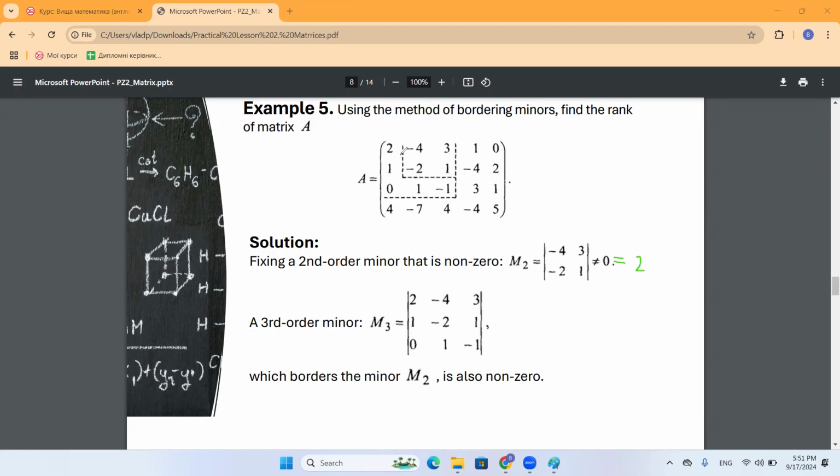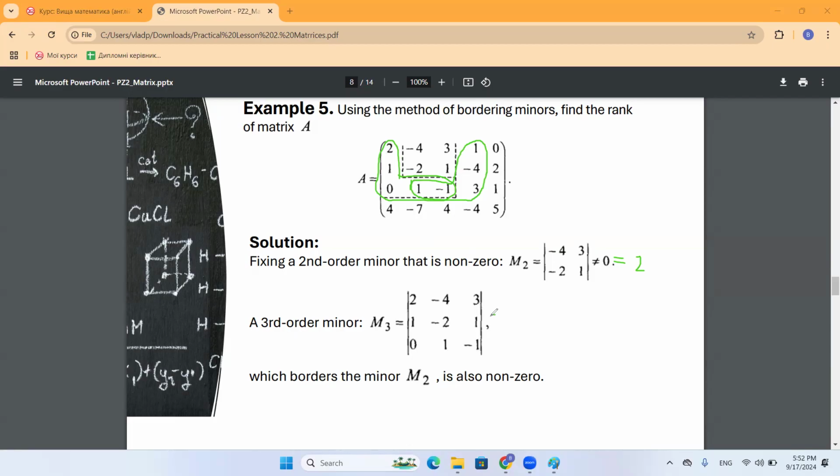And then we use the border minor. We can use either this minor or this one, just to simplify the work. In this example, we use this one. So 2, minus 4, 3, 1, minus 2, 1, 0, 1, minus 1.